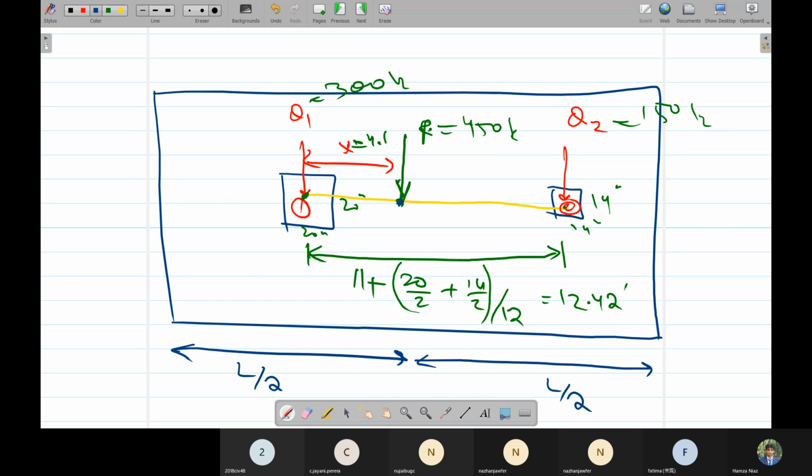If we assume this one as XA and this as XB, then L by 2 is equal to XA plus X.